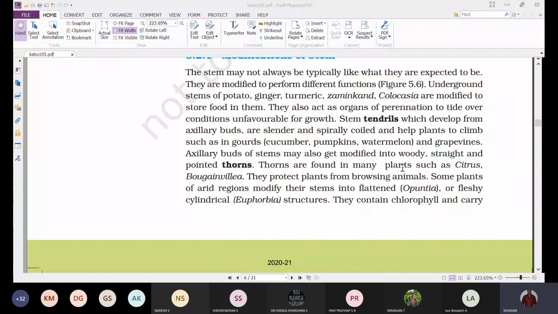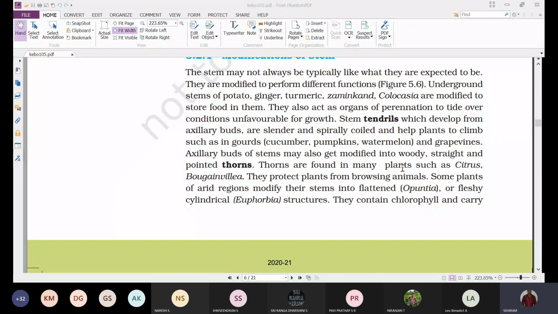Colocasia and Jamaican form corms. But in the case of turmeric and ginger, we call it a rhizome. That means if the underground stem grows horizontally and becomes swollen due to the storage of food material, then such structures we call rhizomes.